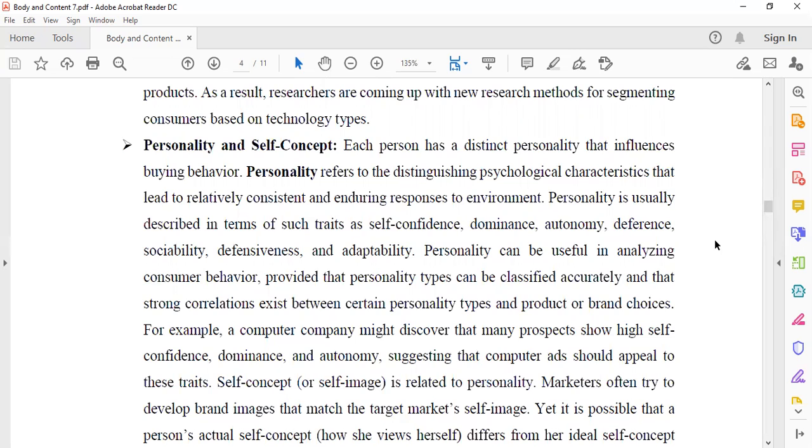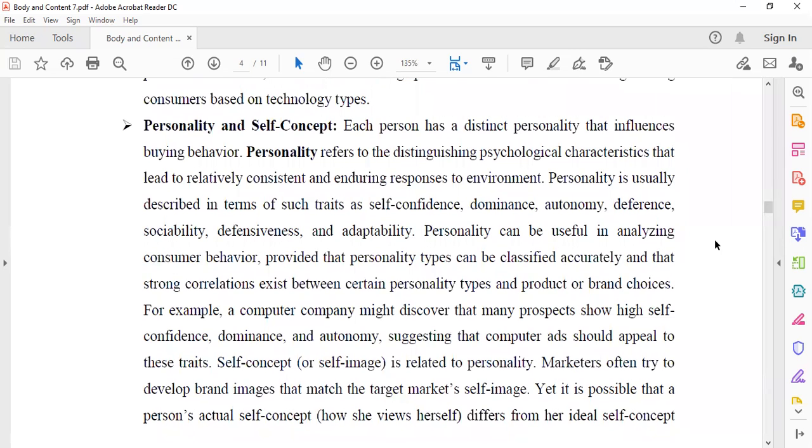And so, in most cases, you may see people do some things, not because they have the money, not even because they so much like it, but because that is the way they want to be seen to be. That's the way they want to express themselves.